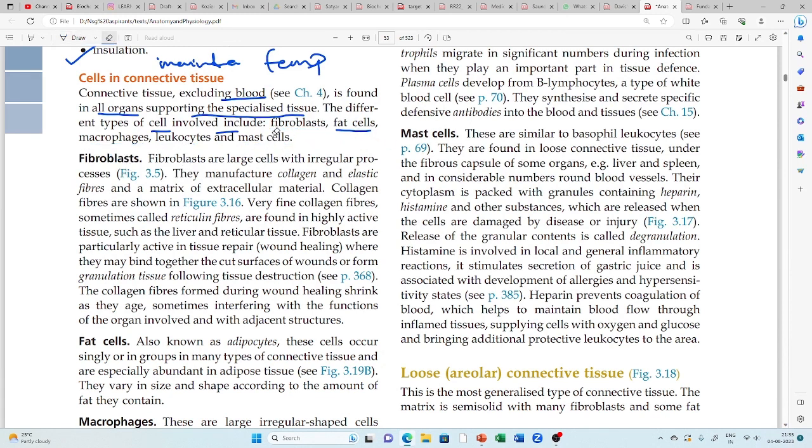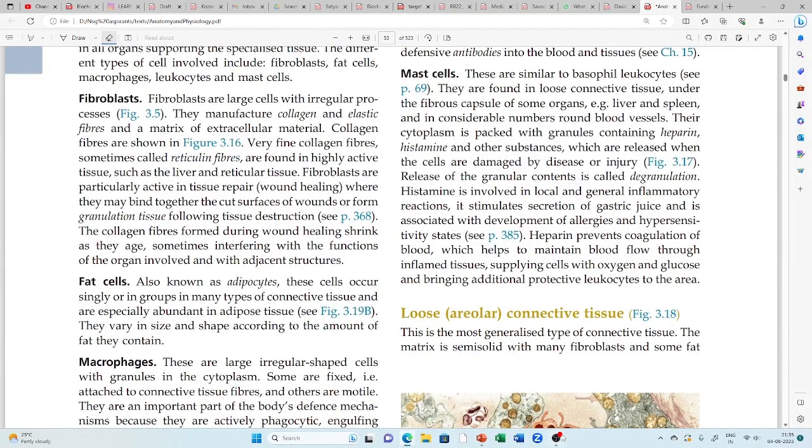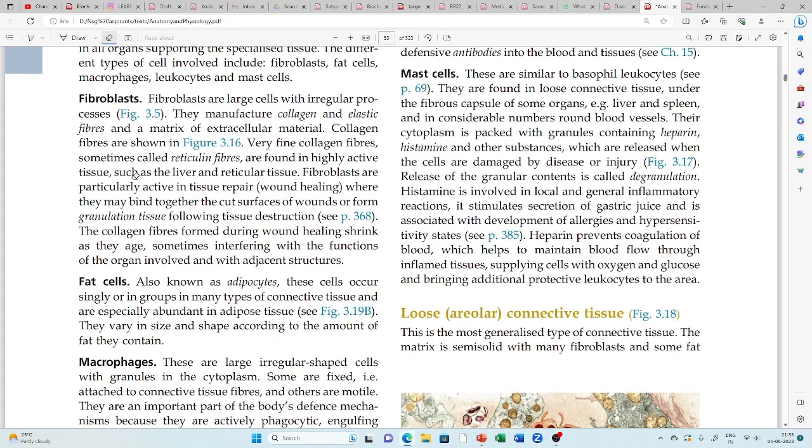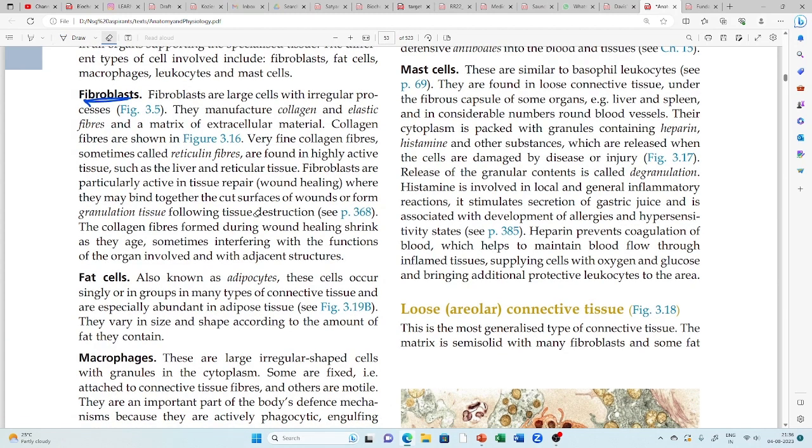Now, connective tissue. The first type of cell, as I told you before, is the fibroblast.